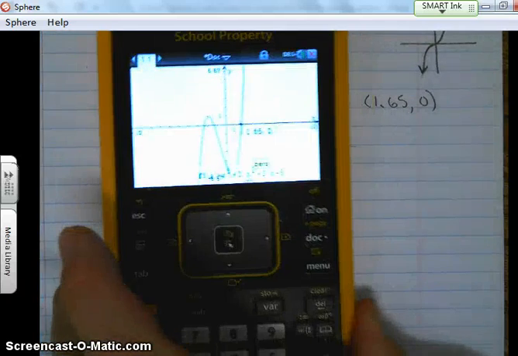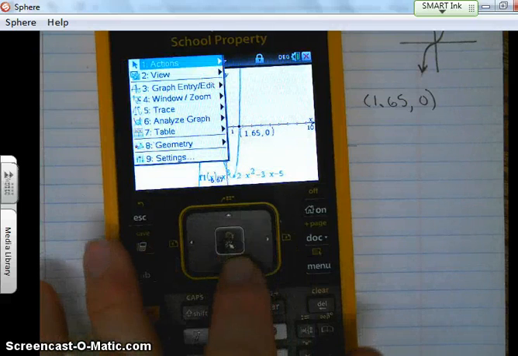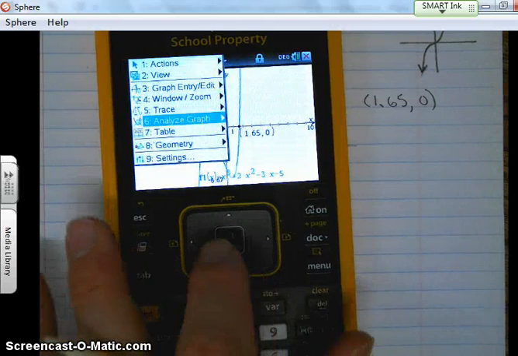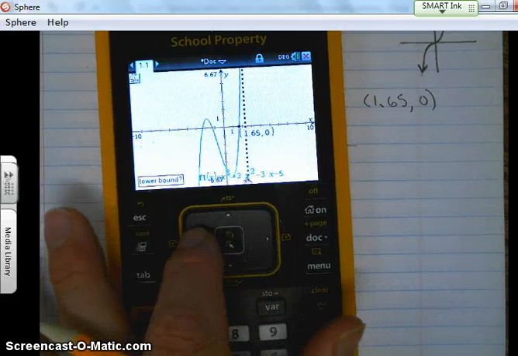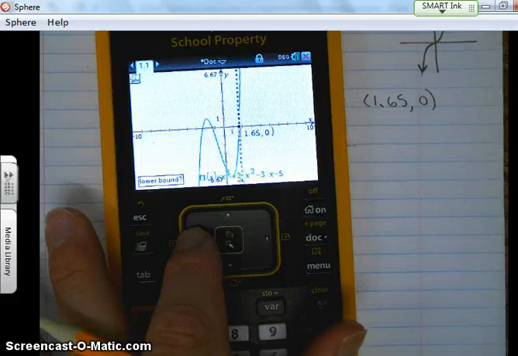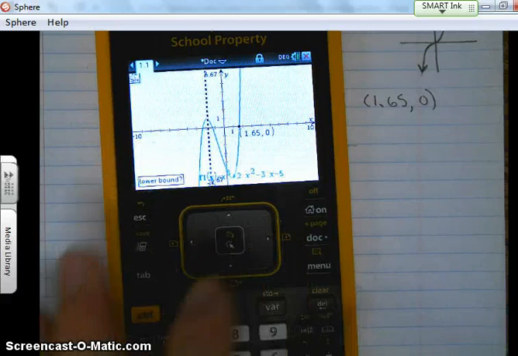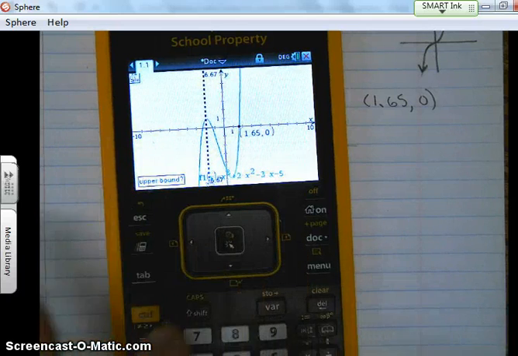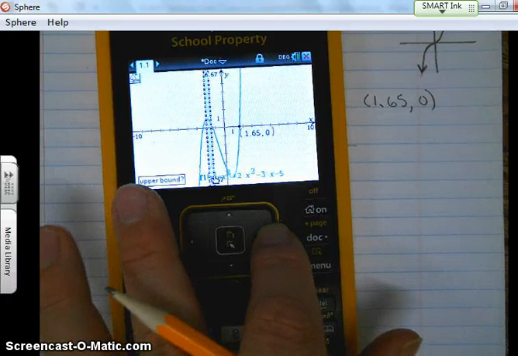Okay, let's find another one. So menu, analyze graph, 0. Okay, so we're going to go over here, to the left of the 0. And then we go to the right of the 0.